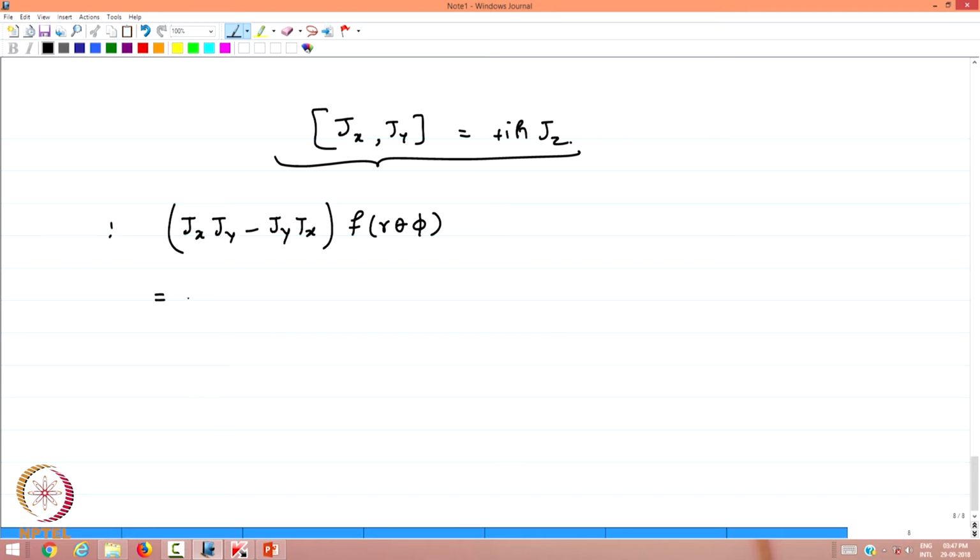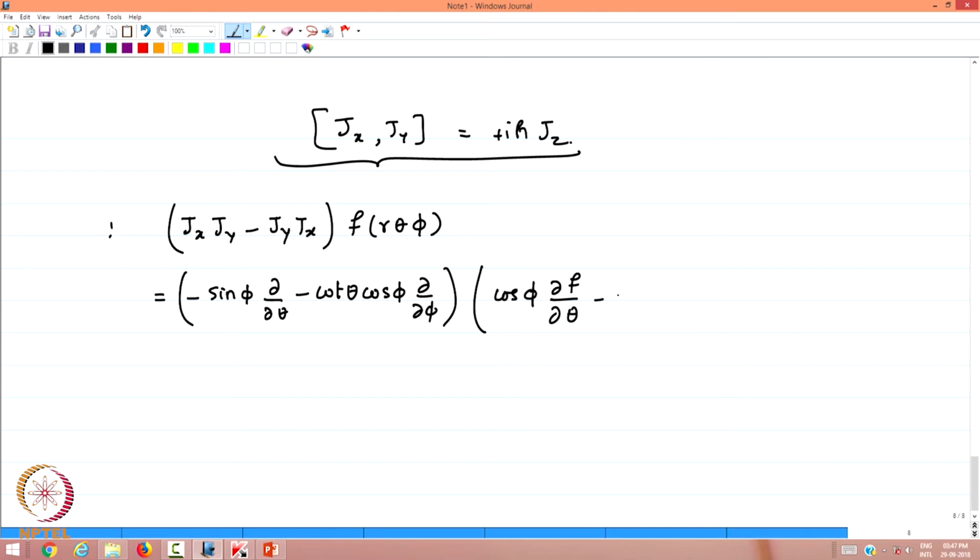What you see here is minus sin φ ∂/∂θ minus cot θ cos φ ∂/∂φ. All of this is Jx, and Jy is cos φ ∂f/∂θ minus cot θ sin φ ∂f/∂φ.